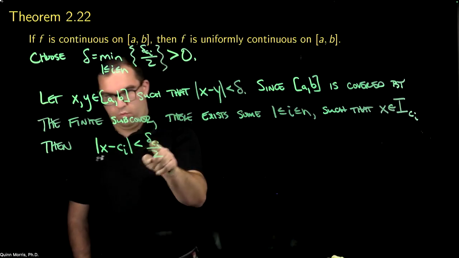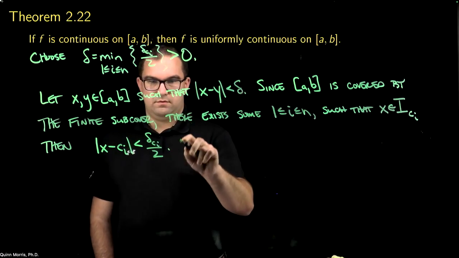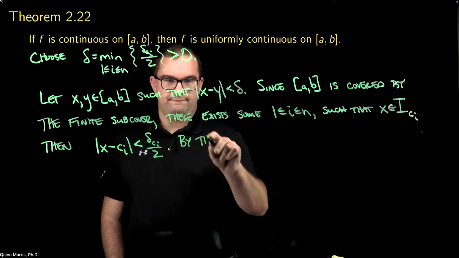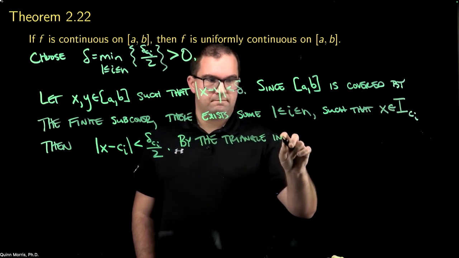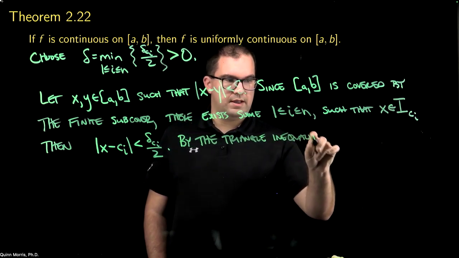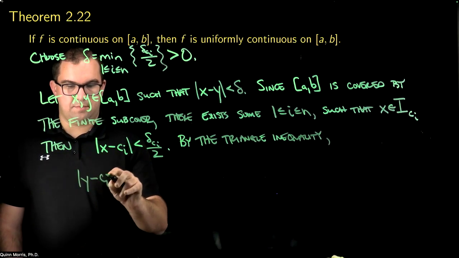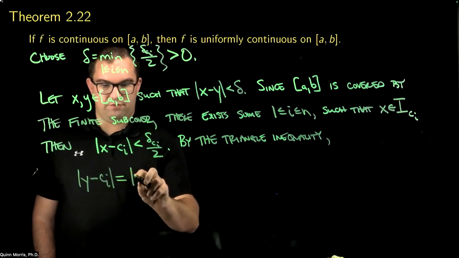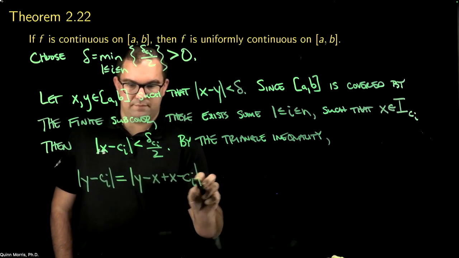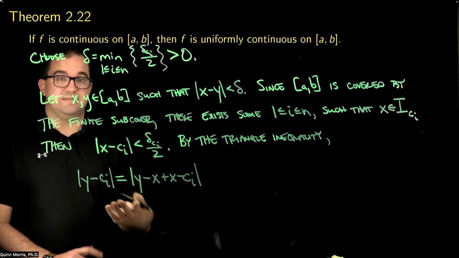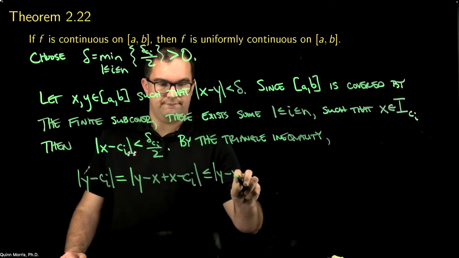So now I want to show that y is also close to this c sub i by the triangle inequality. Let's look at y minus c sub i. I could rewrite that as y minus x plus x minus c sub i. All I'm doing is adding and subtracting x in here; I'm not changing the value. Now I can apply the triangle inequality.